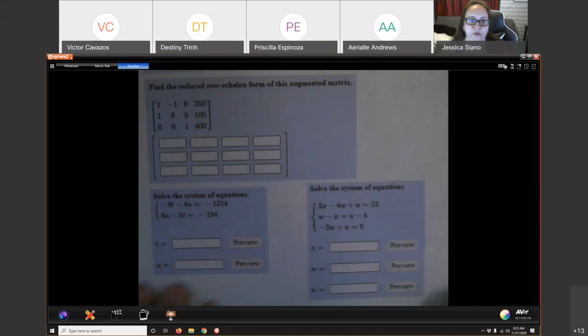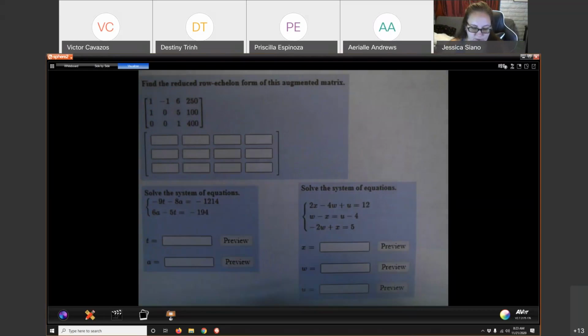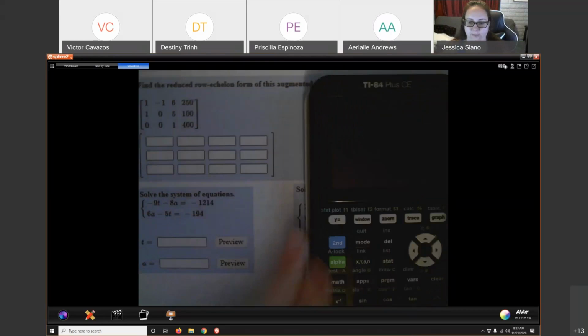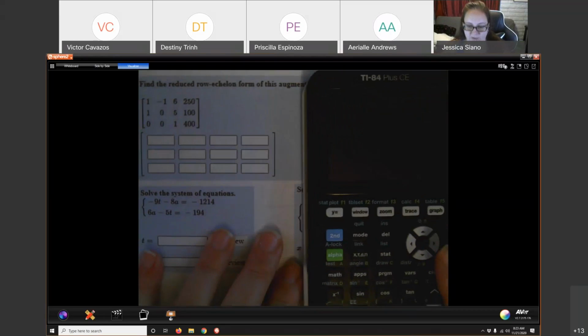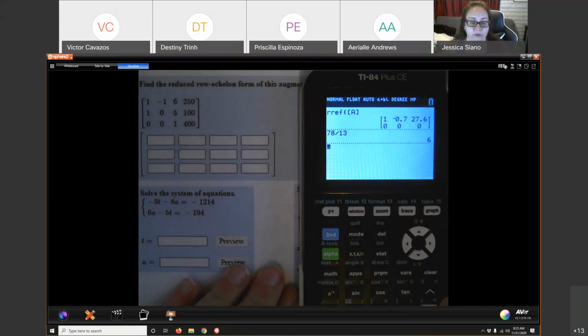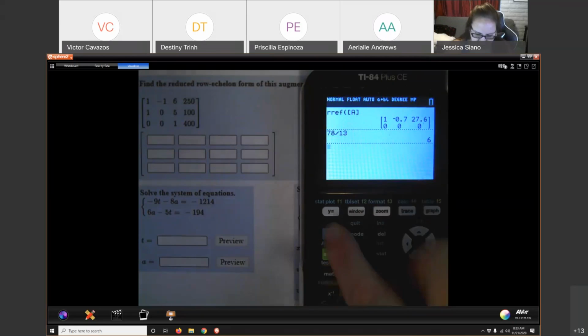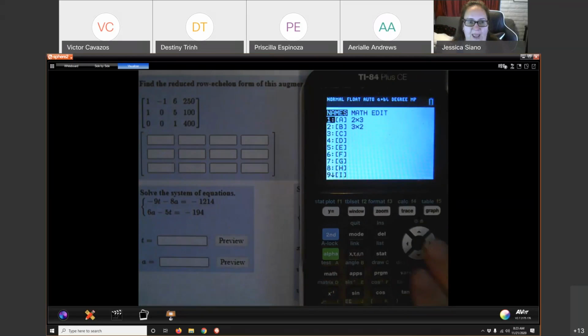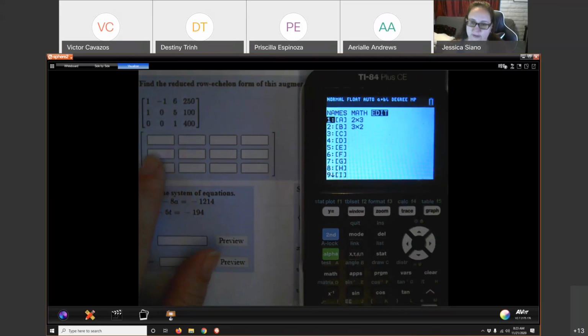All right, so to put a matrix in reduced row echelon form in our calculators, we are going to do second and then matrix, scroll over to edit. We'll edit matrix A, so press enter.